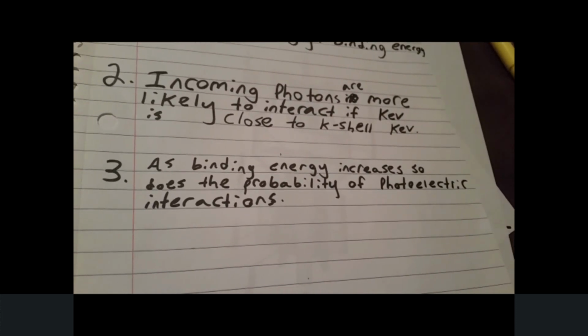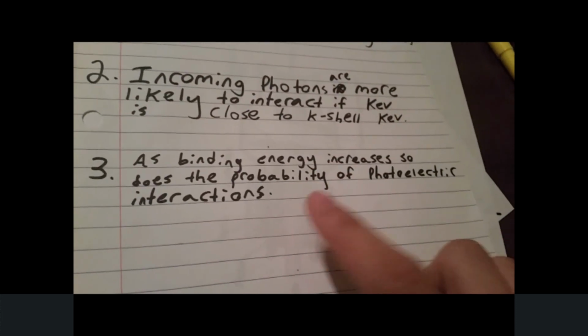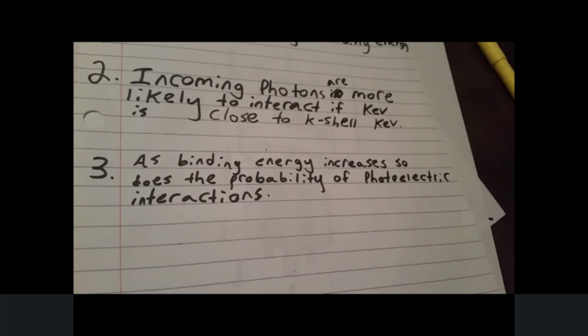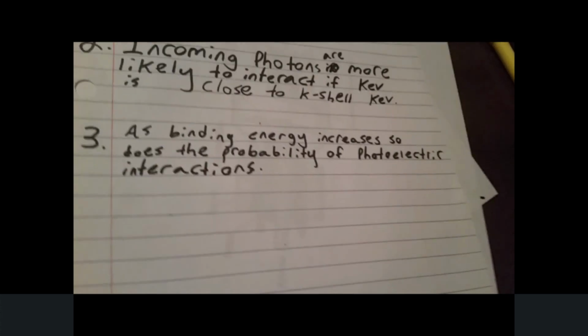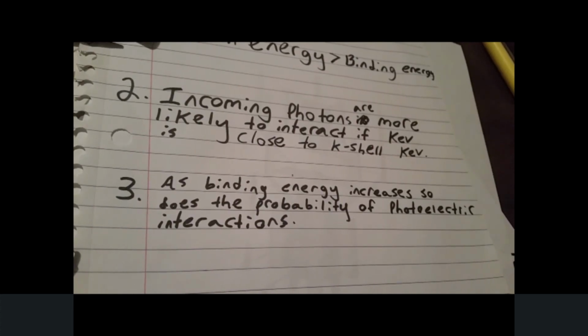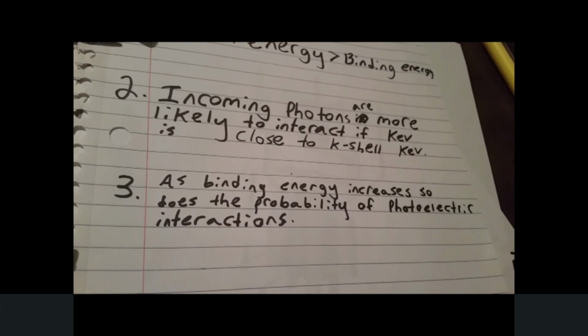So that's part of the reason why, at number 3, as binding energy increases, so does the probability of photoelectric interactions. One way to express this is the formula: photoelectric probability is equal to the atomic number to the third power.